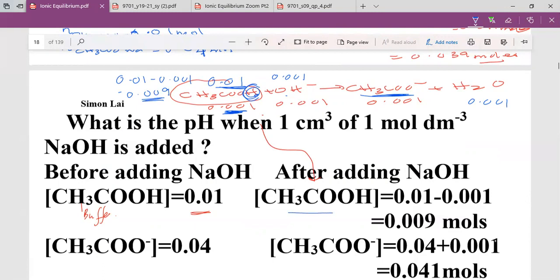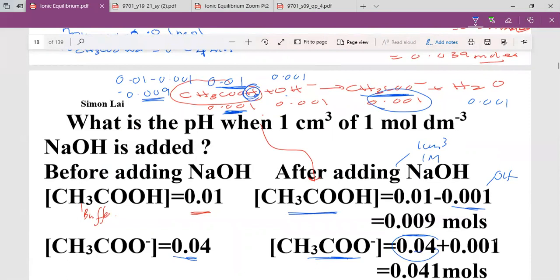It means the amount of acid left behind will be 0.009. After adding 1 cm cube of 1 molar alkali. And of course, this is your base. It will increase because this one here plus the 0.04 here, which is originally found in the buffer.